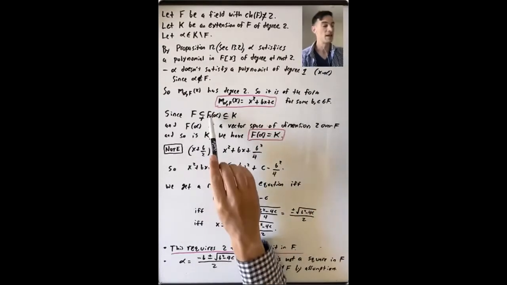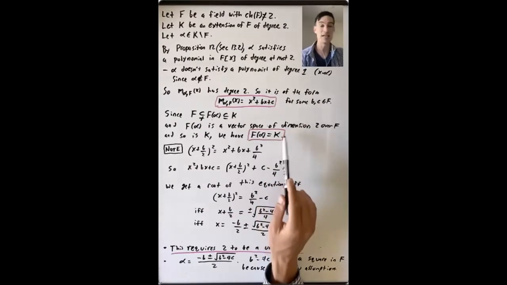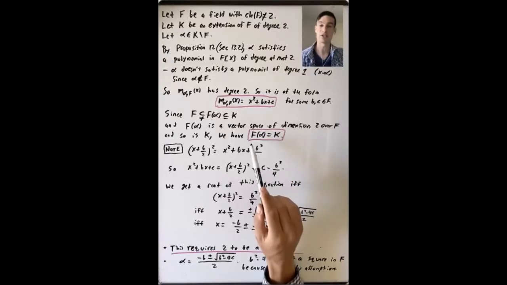So what does that mean? That means that the field generated over F by alpha, F adjoin alpha, must be equal to the whole field K.